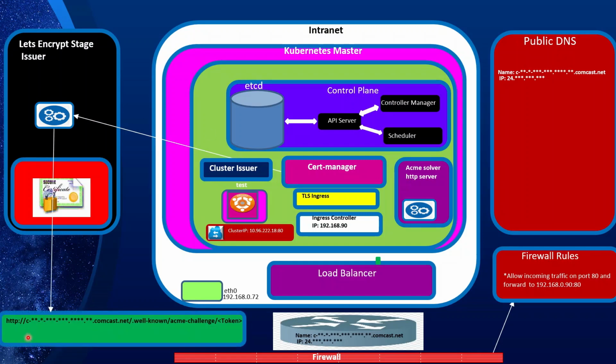And Cert-Manager will call into our environment using the domain name that we use on the certificate. Again, in this case, the name of my router. The request comes into the router, through the firewall, to the load balancer, through Ingress, and then the ACME resolver will resolve that. And finally, the certificate will be issued.